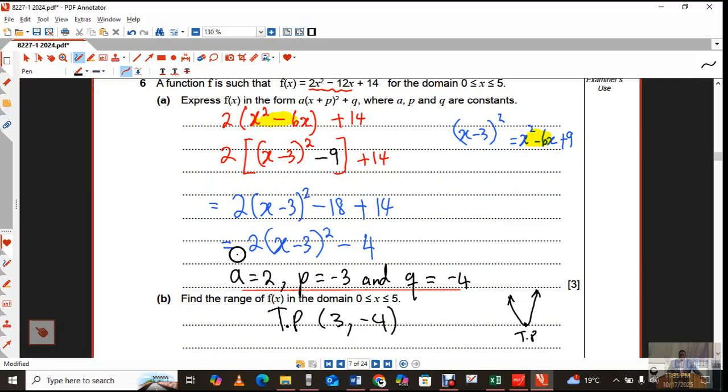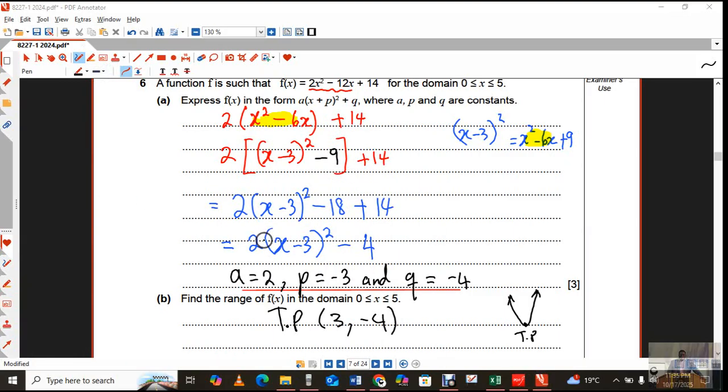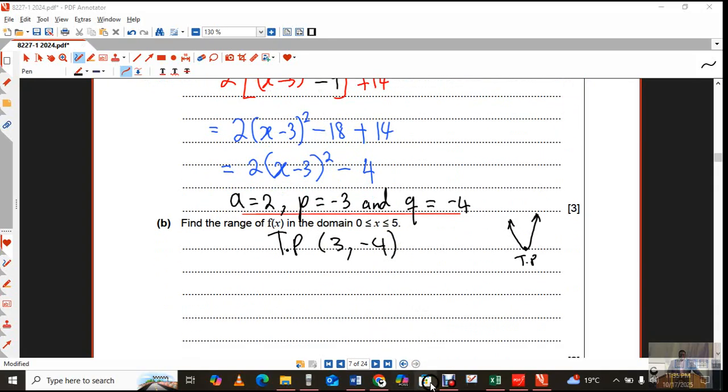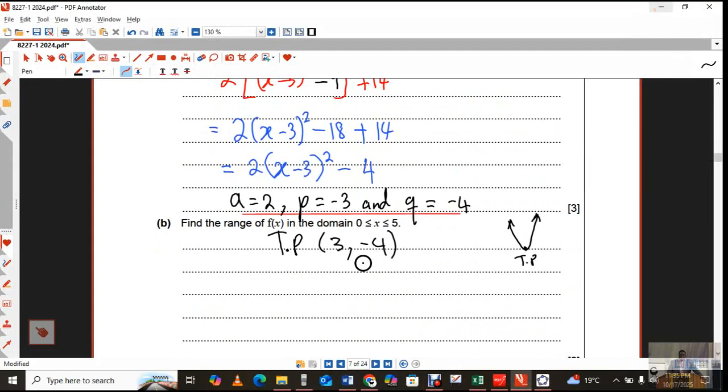So if I use a sketch, I'll be punching that in for you to see what that implies, or maybe before I even look at GeoGebra. Okay, I'll come back to GeoGebra. So what it means, if you take putting 0 into the function, f of x is in vertex form.